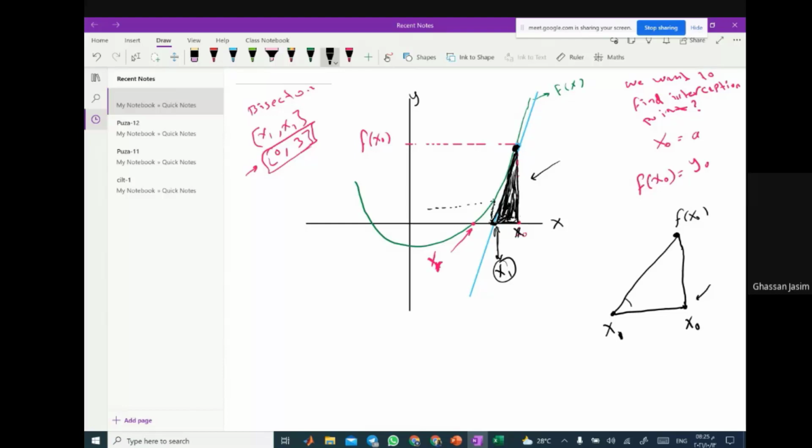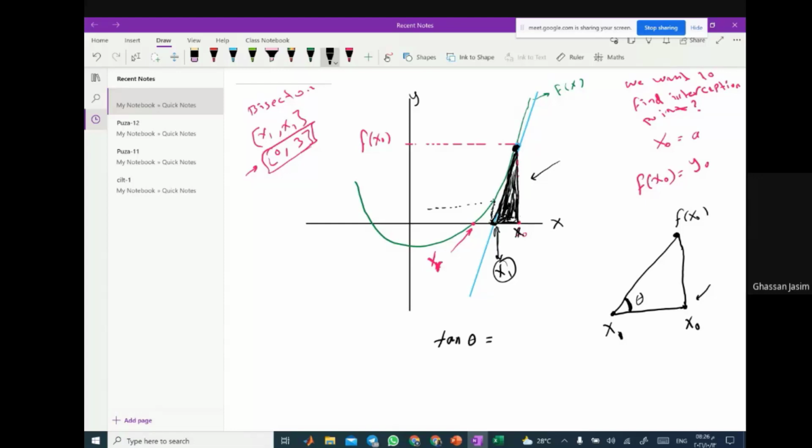Now, if we take this angle, let's rename it theta. If we say tan theta equals what?